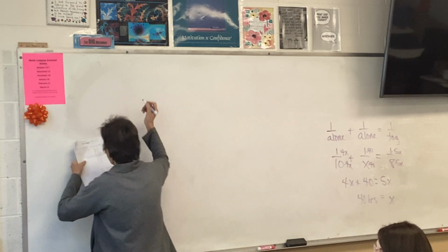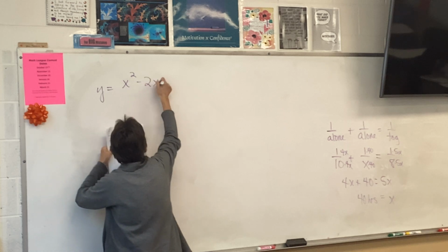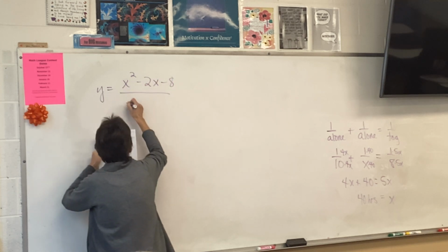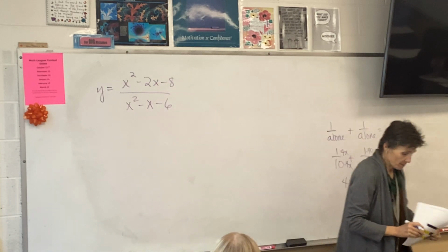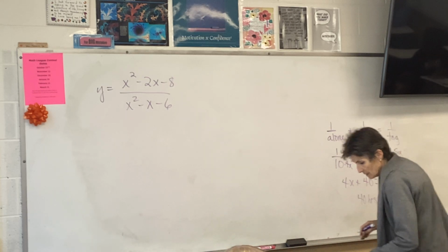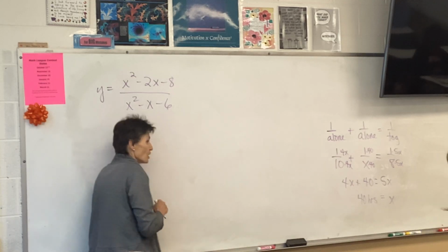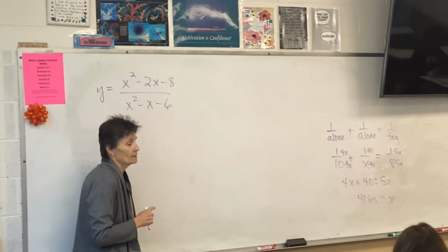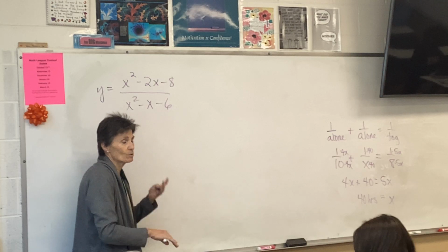Some of you had this quiz, some of you didn't. But no matter what quiz you had, the steps are the same. Okay, so here we go. Our job is to practice finding all the intercepts, asymptotes, and holes.